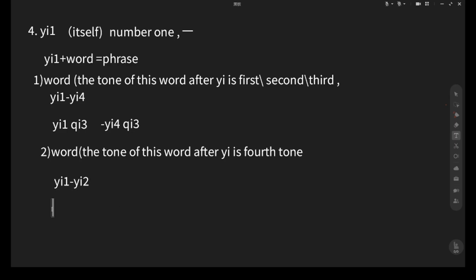You see? Example. So this is how to read this: gong, gong, so E, gong. You see, the tone of the word after E is fourth tone. Then this E changes to the second tone. So we don't read it in the first tone, we read it Yígòng, which means totally.